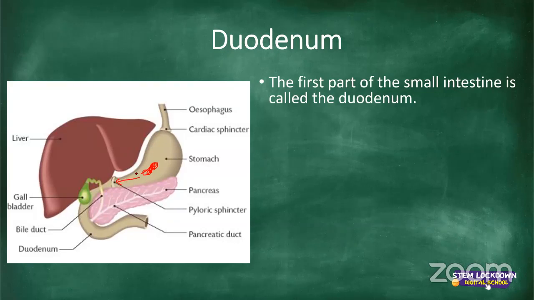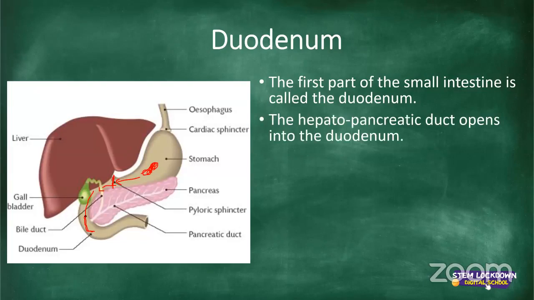In order for this chyme to move into your duodenum, the pyloric sphincter, here's the pyloric sphincter, needs to open up. The moment it opens up, your chyme enters your duodenum, right? So it'll just move here, and that is just part of your duodenum. This will be your chyme right there.